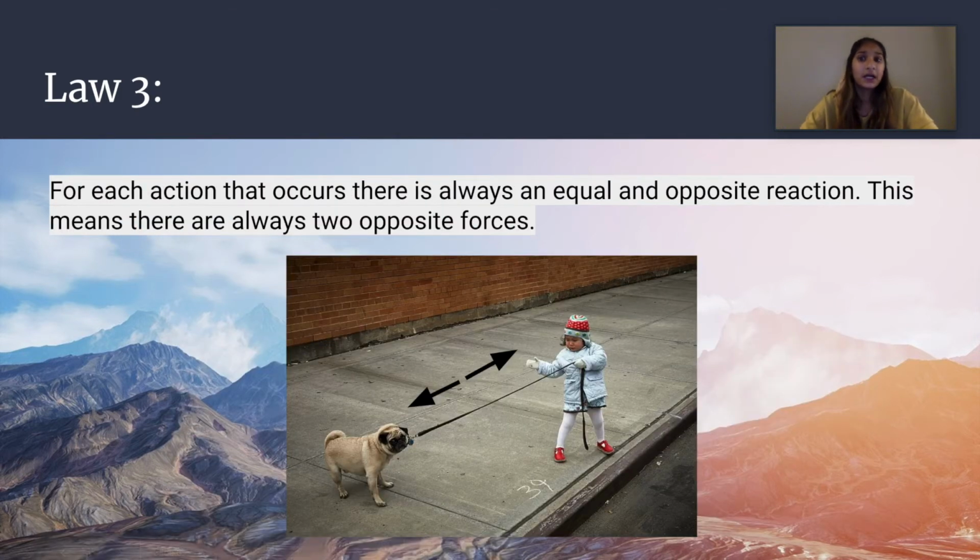Finally, the third law states that for each action that occurs, there is always an equal and opposite reaction. This means there are 2 opposite forces pulling in opposite directions. We can think of this like a dog on a leash. Sometimes the dog's pulling this way and you're pulling the opposite way.